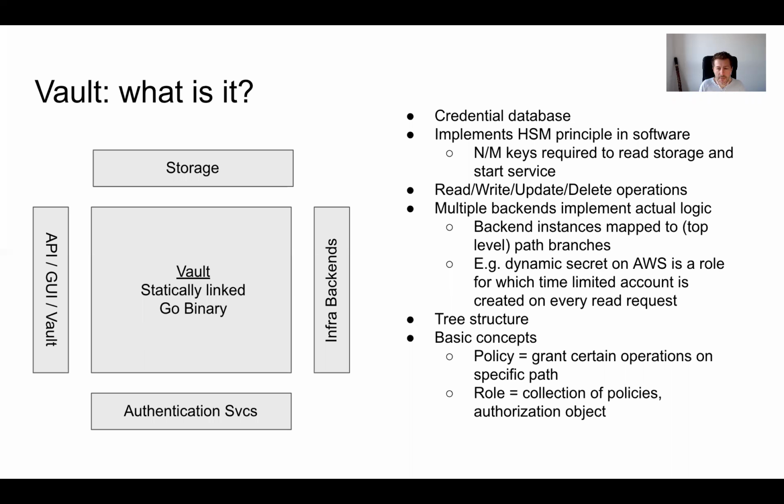So you have a storage containing the database, and this storage can only be booted into the actual service by using N out of M keys available. And once it is up and running, it can be used to read, write, update, and delete secrets.